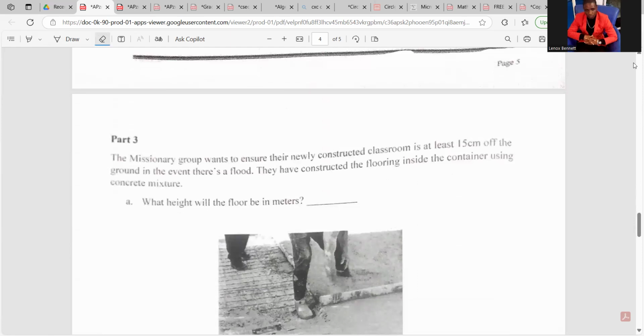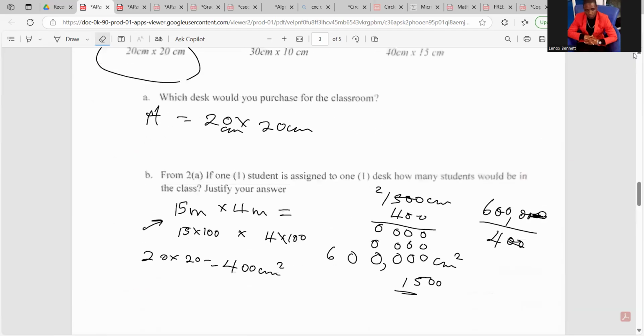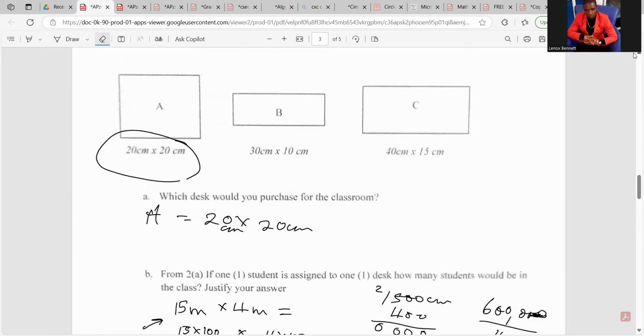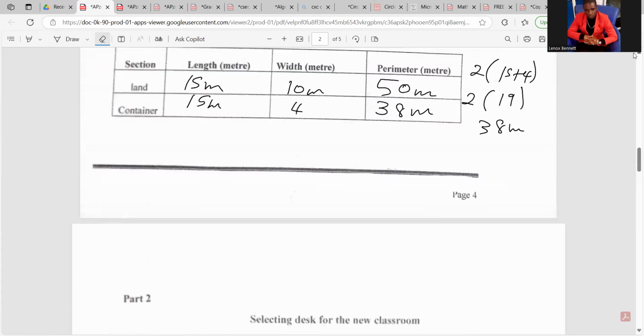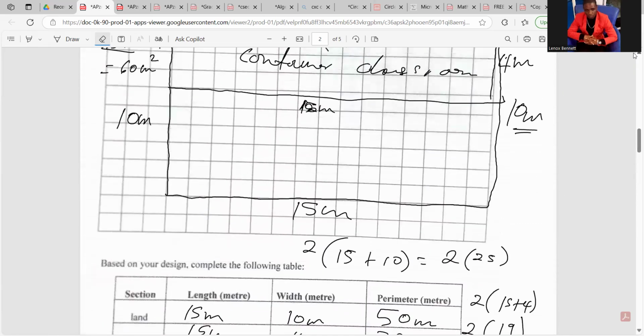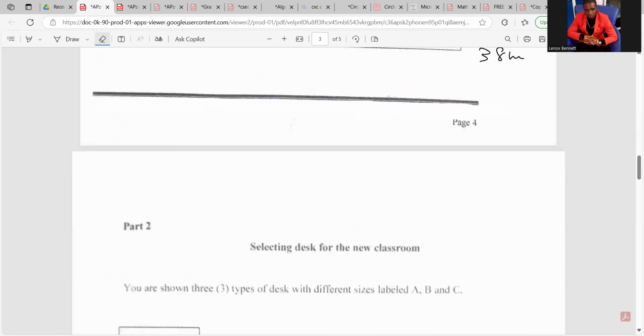Hold on. How much space is it? You said each person occupies... Hold on again. Is it 1 centimeter or 1 meter? They did give us the measurement for one person. Was it 1 centimeter?